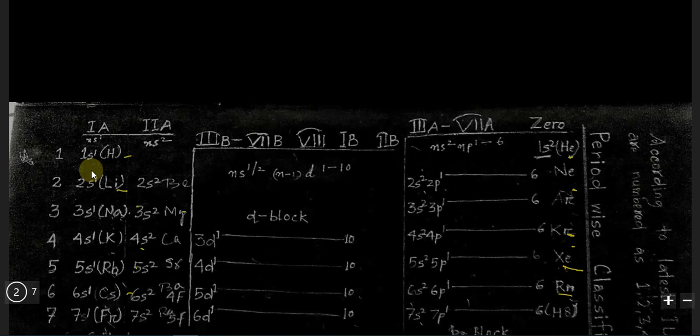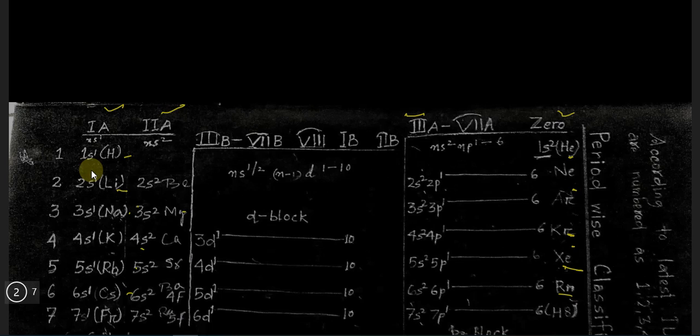Then 1A and 2A, 3A, 4A, 5A, 6A, 7A, and 8A, which is called the zero group elements. These are the A groups.